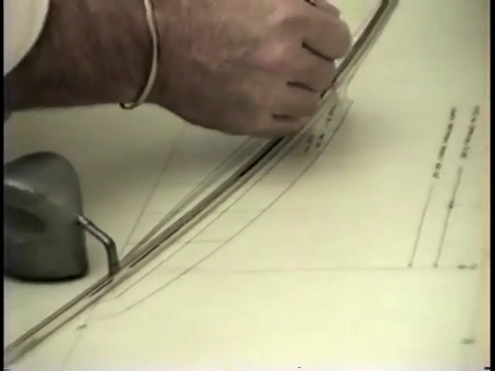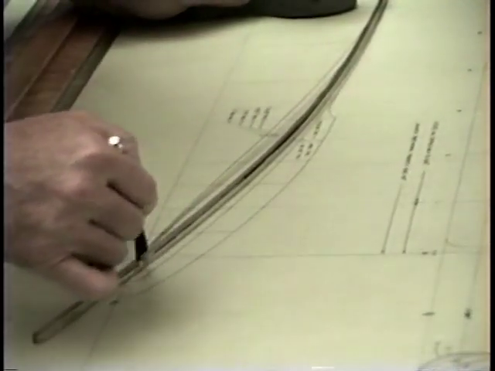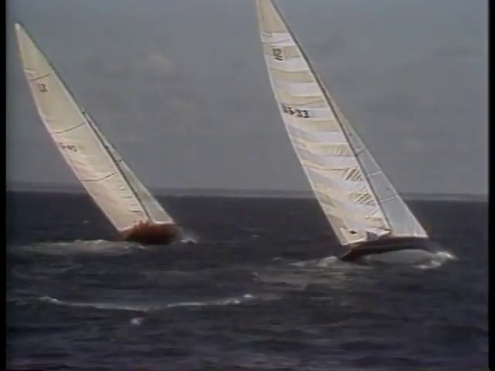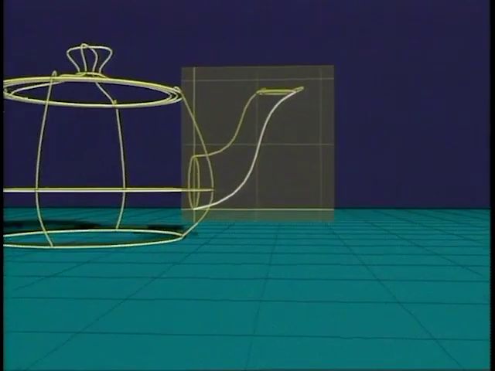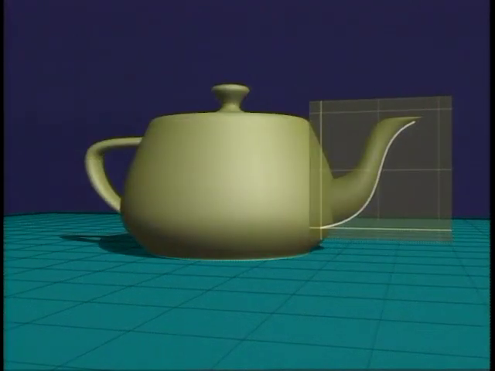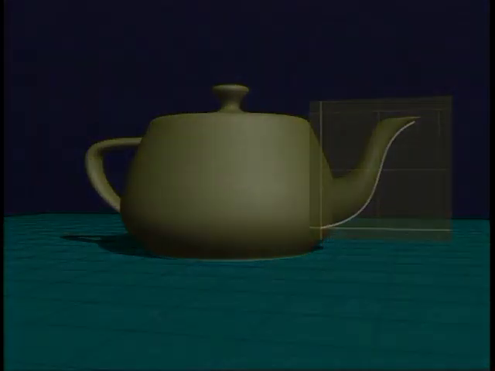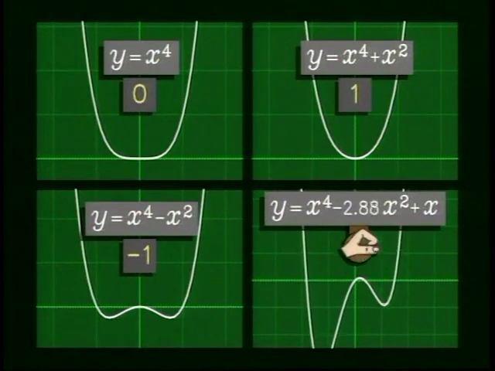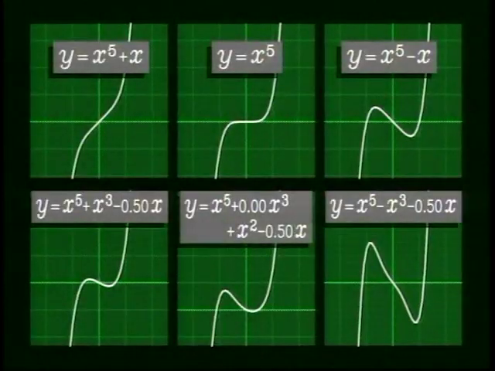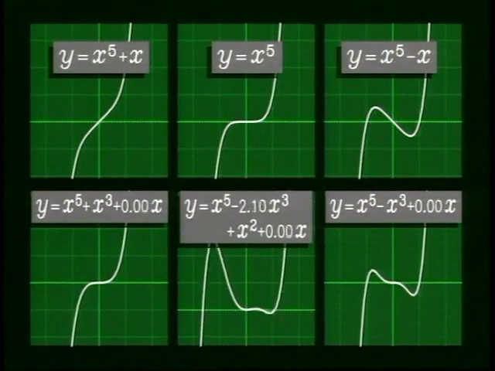Cubic curves are used in designing many things. Everything from sailboats to teapots. Polynomials of degree 4 have these graphs as prototypes. As the degree increases, the number of prototypes also increases.